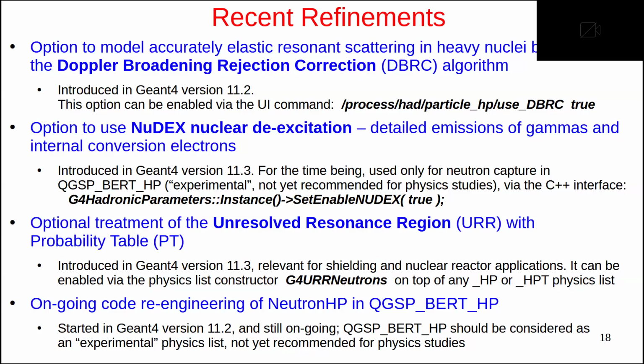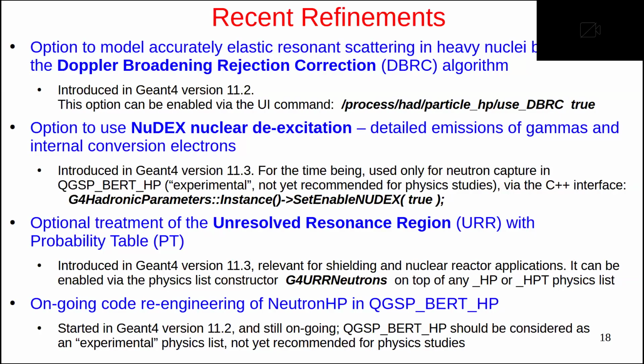This was introduced last year, and given that it's still in the validation phase, it has been enabled only for neutron capture and only in this physics list, QGSP_BERT_HP. That is something that we consider experimental, and I will tell you in a second why, and not yet fully recommended for physics studies. It can be enabled via this C++ line that you can put, for instance, in your main program.